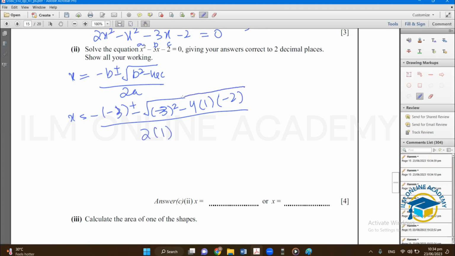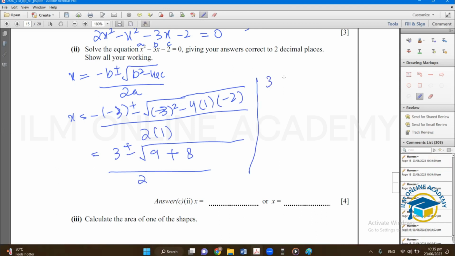Note that this whole thing is in the square root. So the answer is minus minus, it's plus, 3 plus minus under root minus 3 square is 9, minus minus plus, 4 twos are 8 and 2 ones are 2. So 3 plus minus under root 9 plus 8, it's 17.